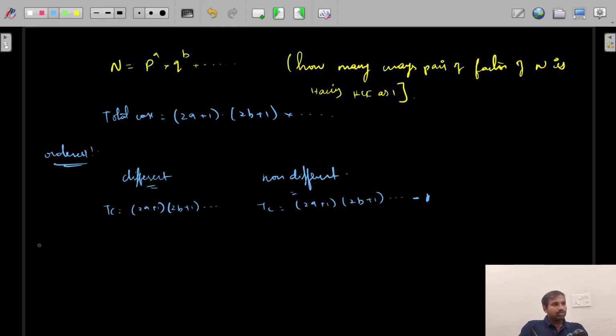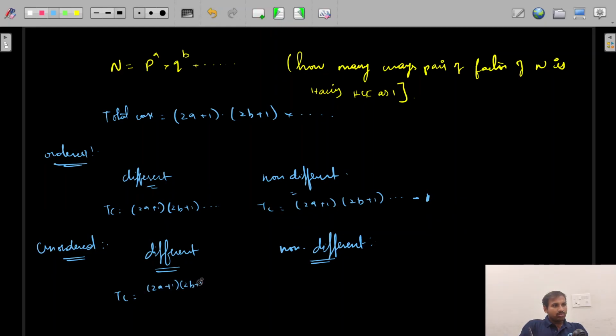For unordered, there is one case for different and the other for non-different. So for different, the total number of cases is (2a plus 1) into (2b plus 1) minus 1, divided by 2.